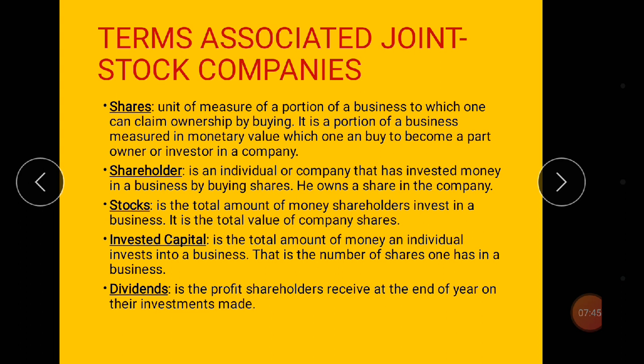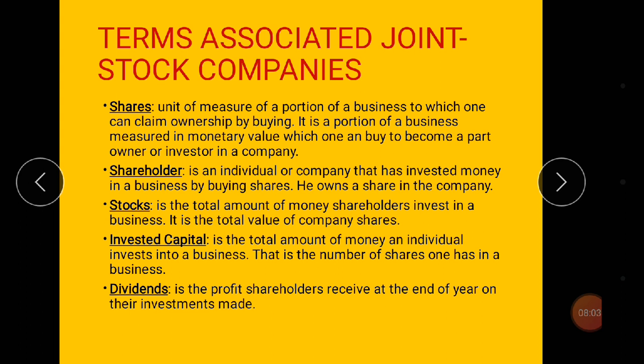So I mentioned dividends in my earlier explanation of joint stock company and shares. Dividends is the profit shareholders receive at the end of the year on their investments made.